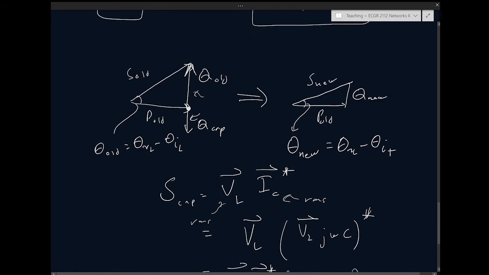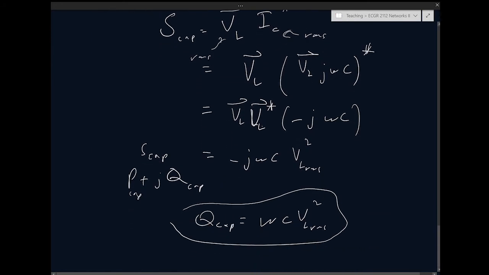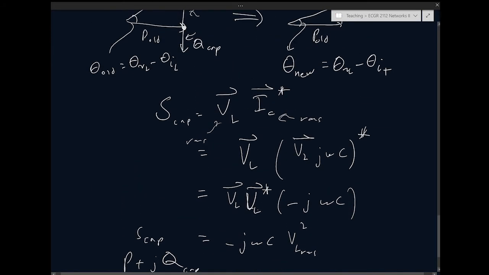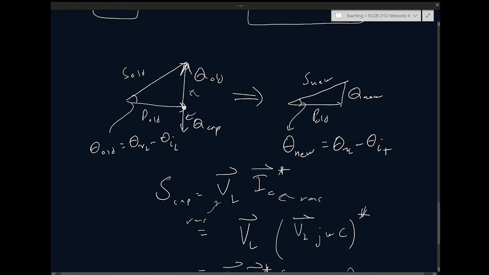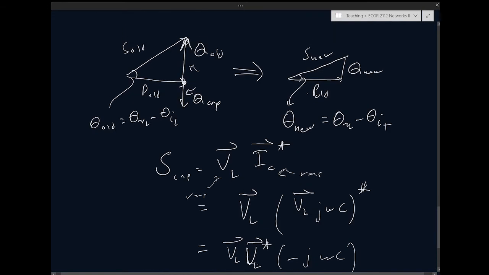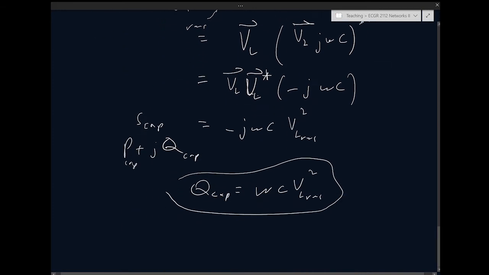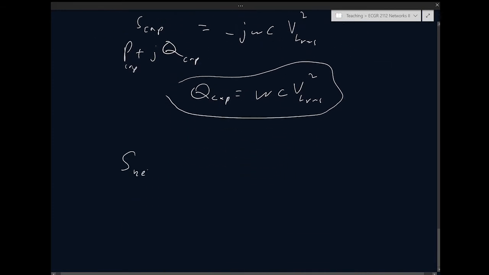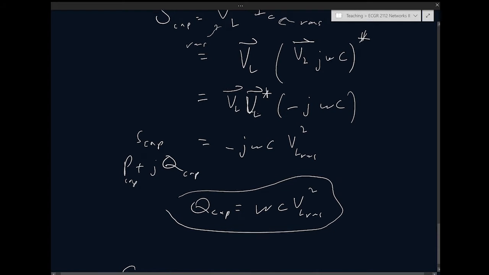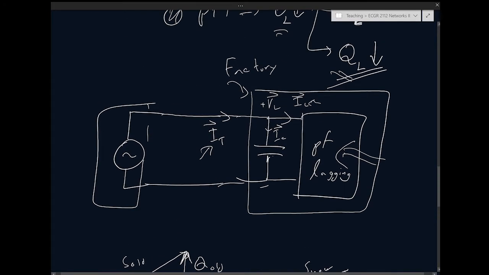Right. So let's rederive it this way. I want to relate it to S new and S old. So what's S new? I can use conservation of power to notice that S old is going to remain the same, right? That won't change, because the voltage applied to the load is the same.